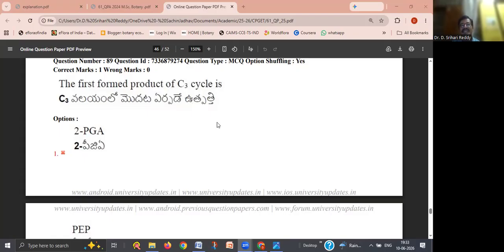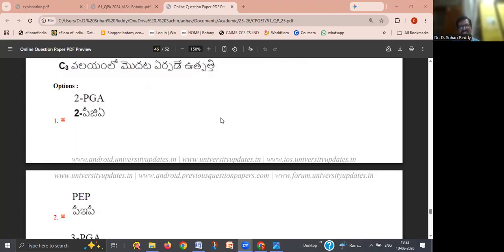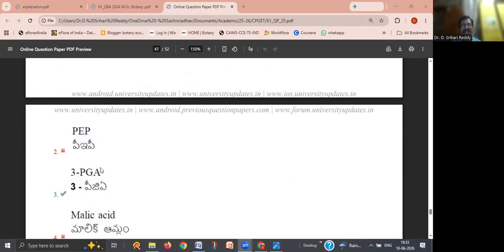Why is it called the C3 cycle? What is the first product formed in the C3 cycle? The first product formed in the C3 cycle is 3-phosphoglyceric acid, also abbreviated as 3-PGA. This 3-PGA has 3 carbons.